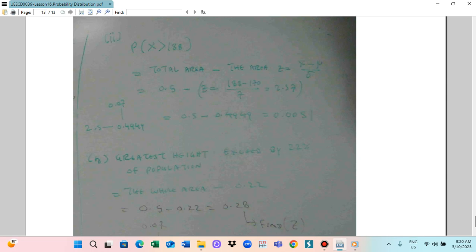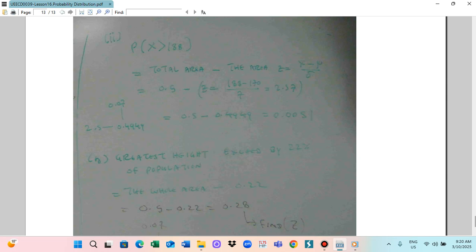For Z 2.57, you read the area: this is 2.5 and 0.07. At 2.57 the area is 0.4949. So we take 0.5 minus 0.4949, which becomes 0.0051.